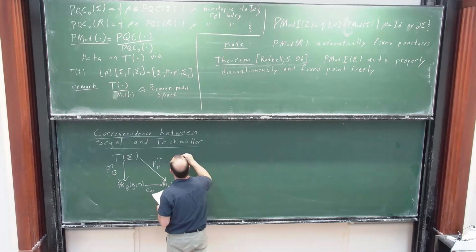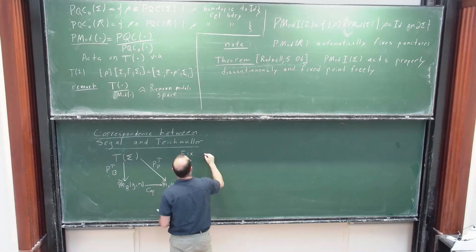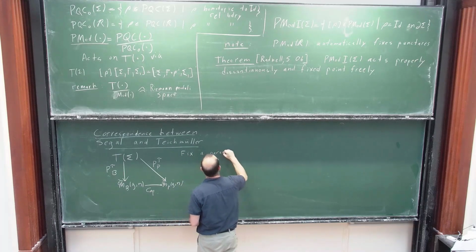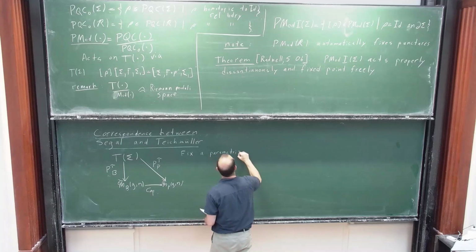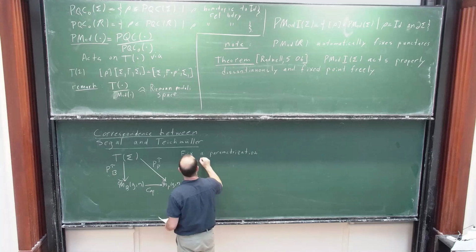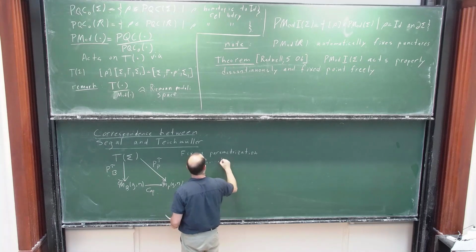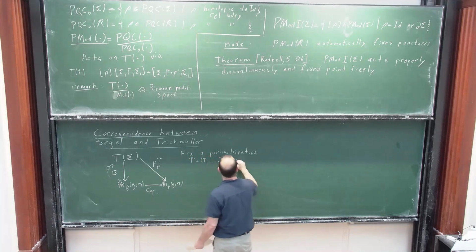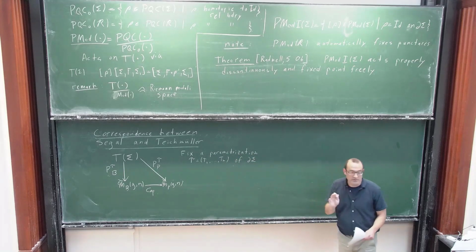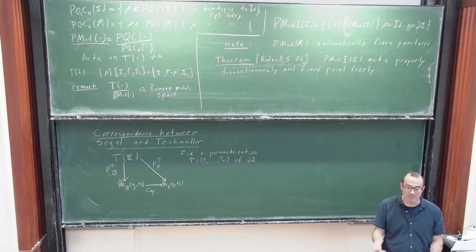So what we do is we fix a parametrization tau of the boundary of sigma. So just like in Teichmüller theory, we have to pick a base space.